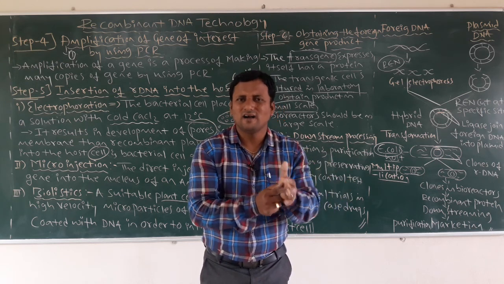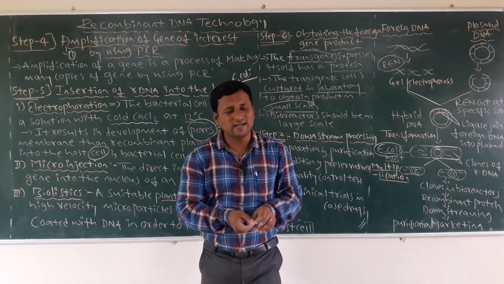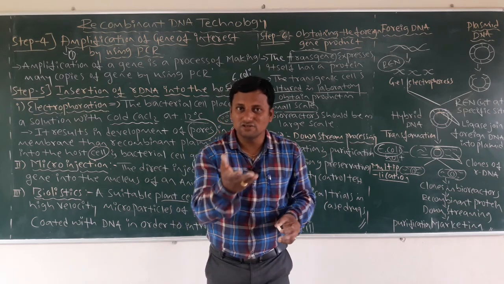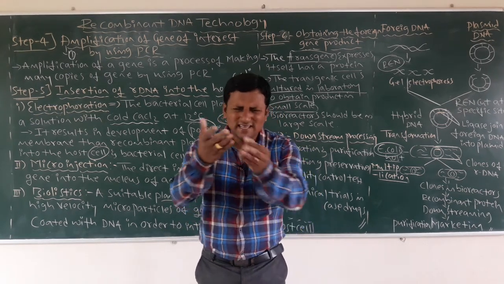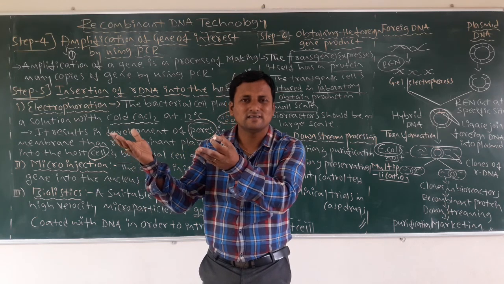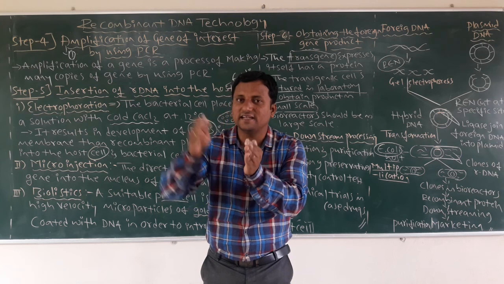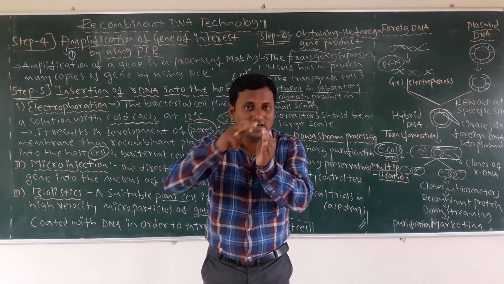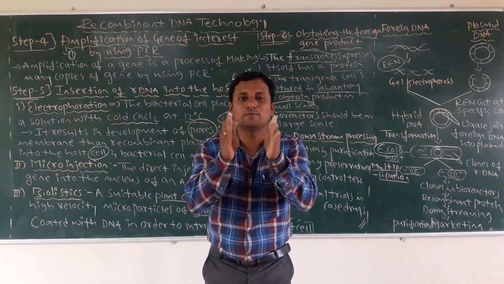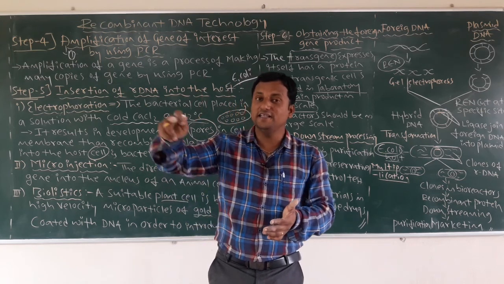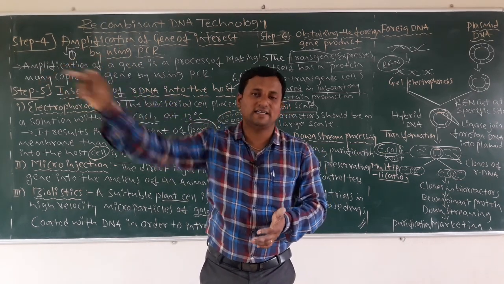So many proteins, or metabolites, primary metabolites, acetone, ethanol, many primary metabolites are there. If you want to make those products on a large scale, they must undergo various processes before they enter the market.